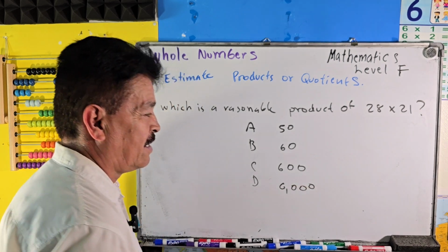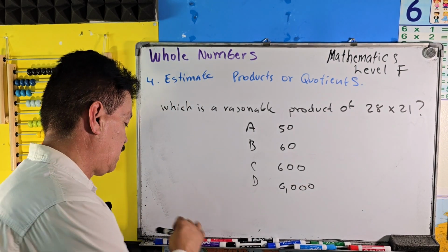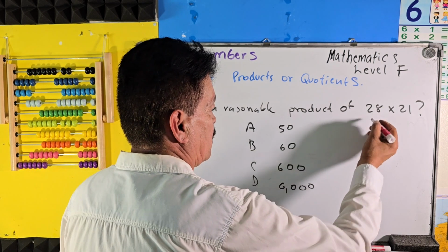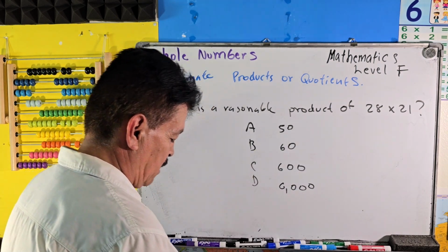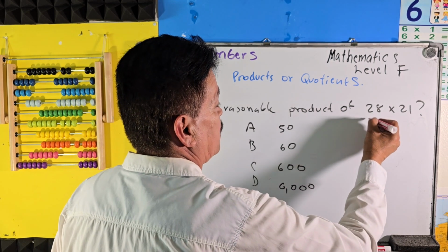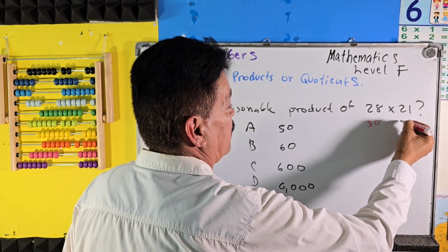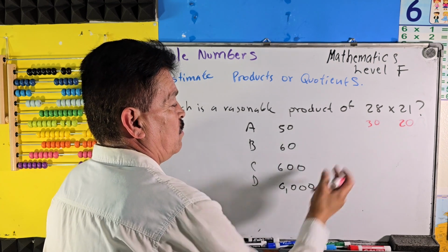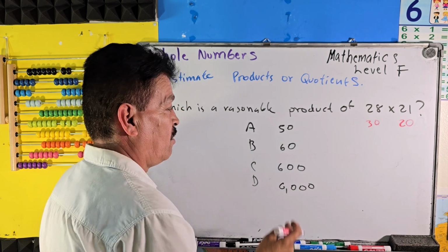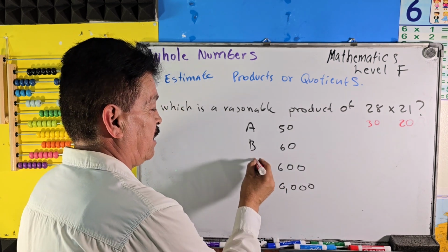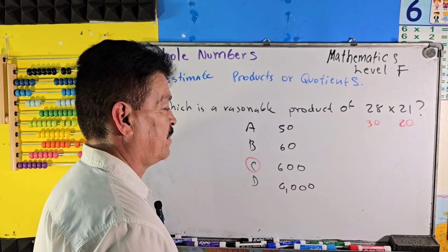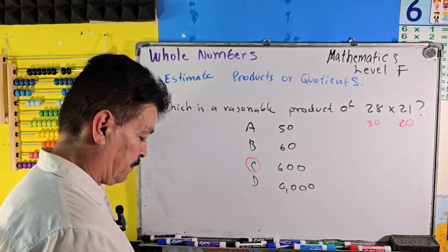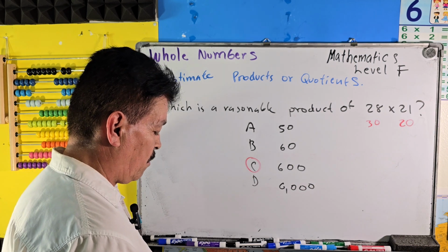All right, so what is the right answer? What do you think? Here it is 30 and then 20. See? So 2 times 3 is 6. So which one? The number 600. So it's the right answer. So this is the way to work our problems.